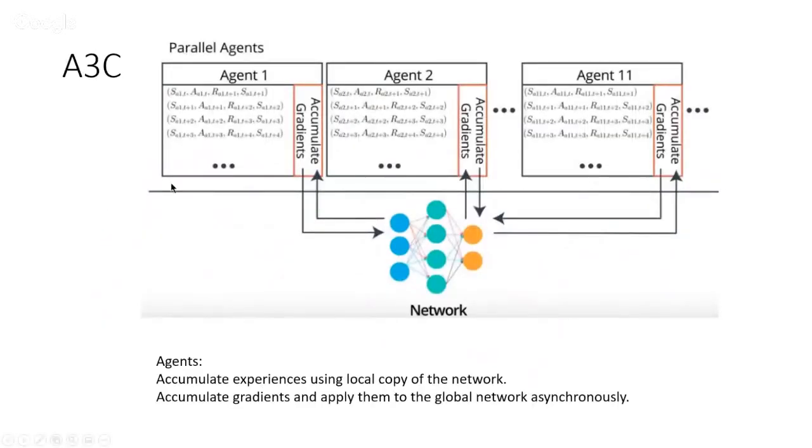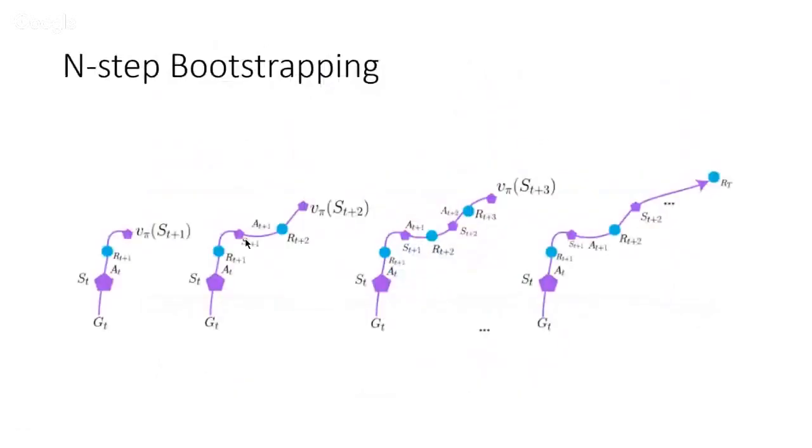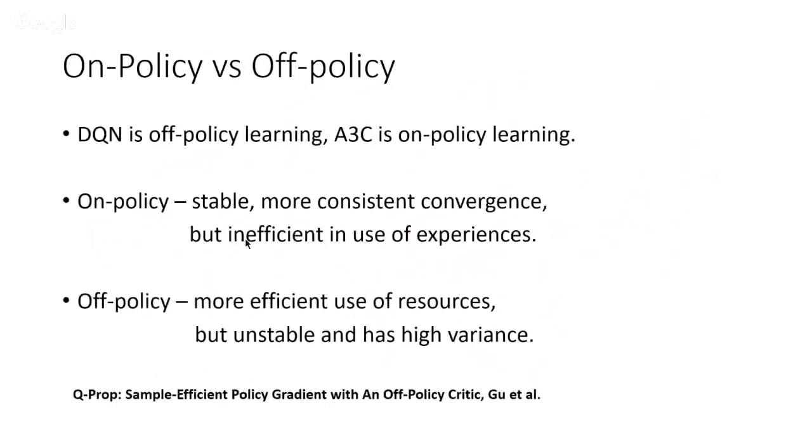Each agent experiences all this, dumps these experiences, and collects new ones, and it's done by all the agents. So it's inefficient in using resources, but it's going to create a very stable network with more consistent convergence. Whereas off policy is a better use of resources because you are not throwing away the experiences, but it's going to have instability and high variance.